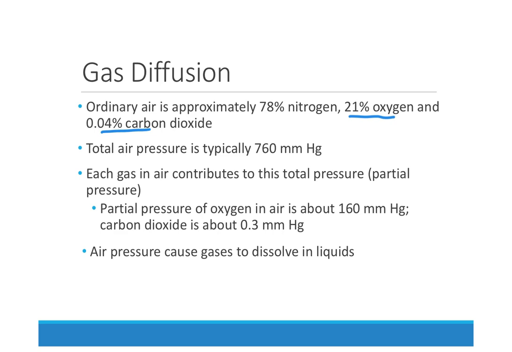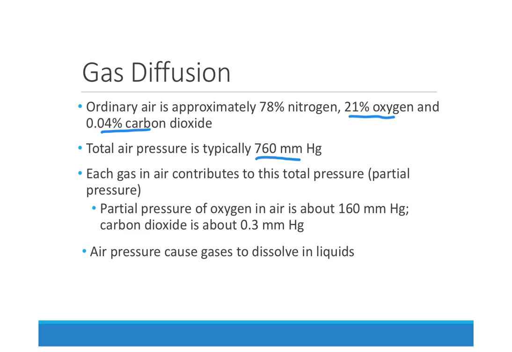Now, air has mass, and it is attracted by gravity to the center of the earth, and so it is pushing on us. It has pressure. And total air pressure is typically around 760 millimeters of mercury. It's also called 1 atmosphere, and there's other ways of measuring it, pounds per square inch, but we're going to focus on millimeters of mercury.